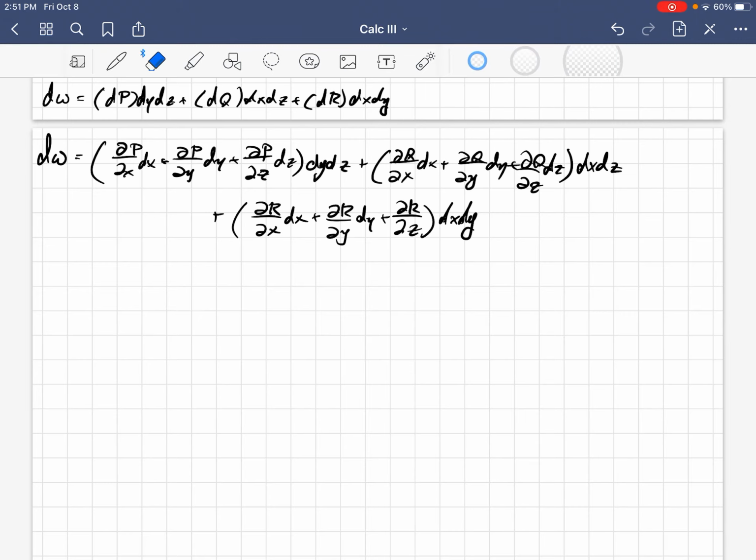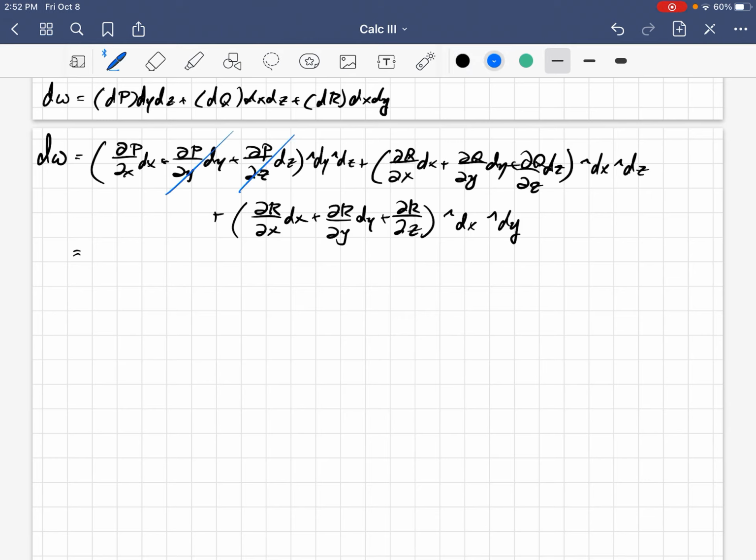Now, using wedge product notation, we'll write these differentials using wedges: dy wedge dz, dx wedge dz, dx wedge dy. And now it's just a matter of applying the properties of the wedge product again.